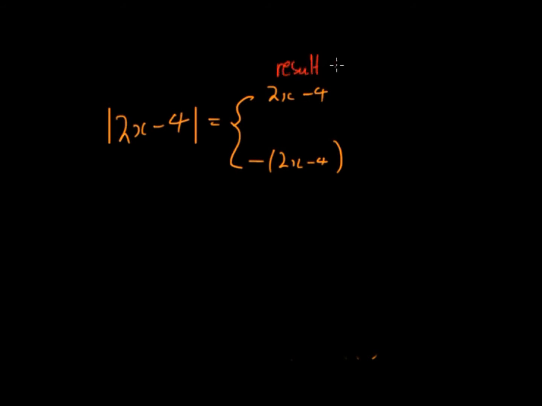So we have the modulus of 2x minus 4, and then we can say that this is equal to a hybrid function of 2x minus 4 and negative of 2x minus 4. But this is when the result is positive, and this is when the result is negative. So what are the particular x values for that to occur?